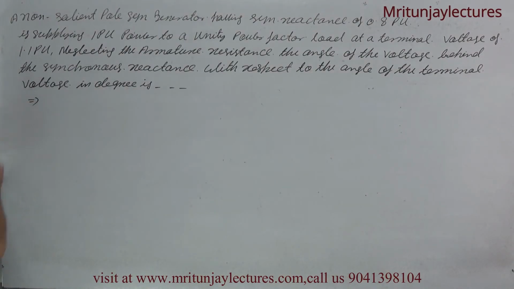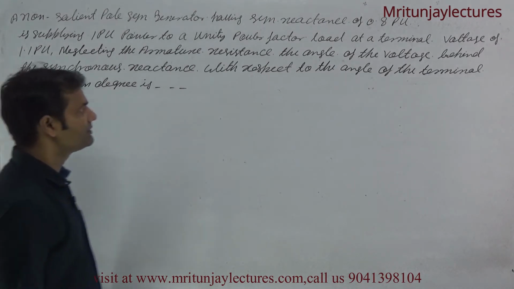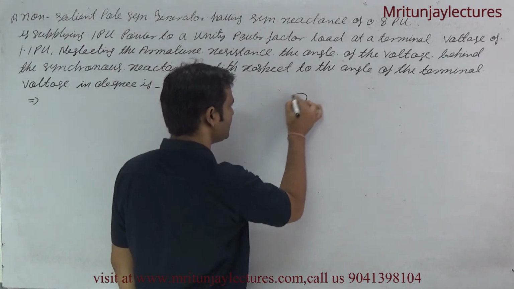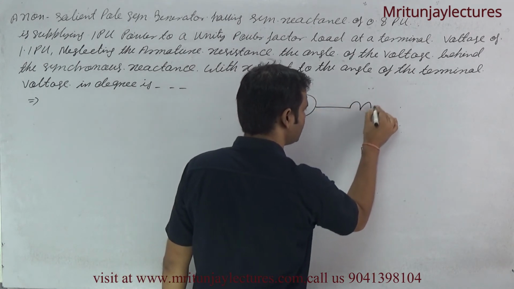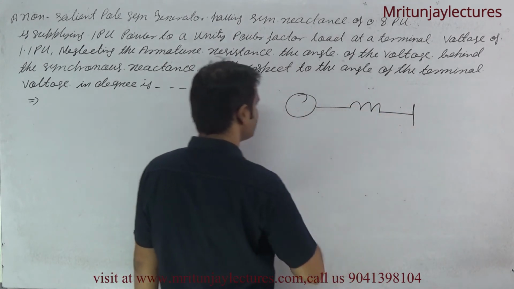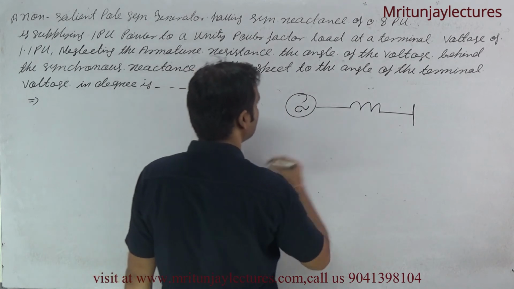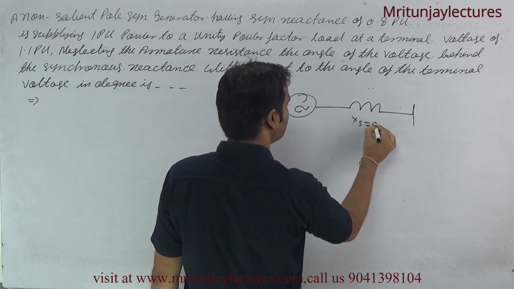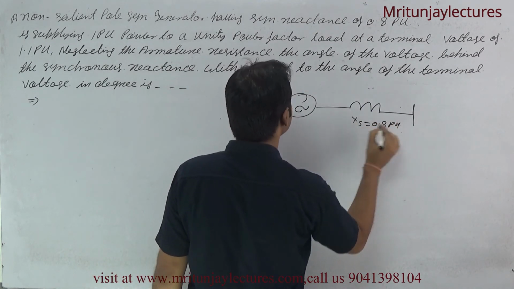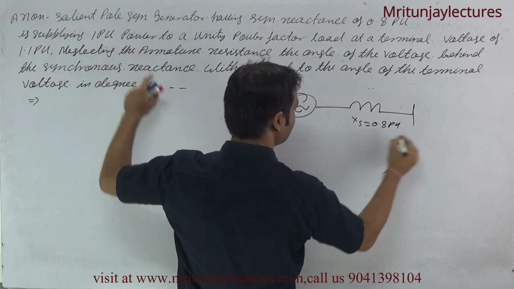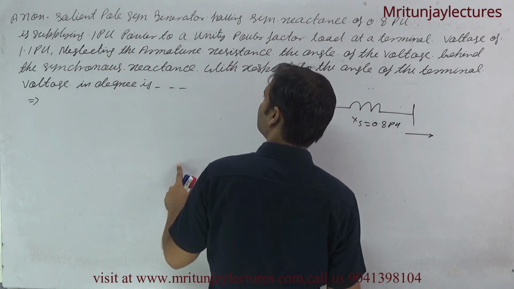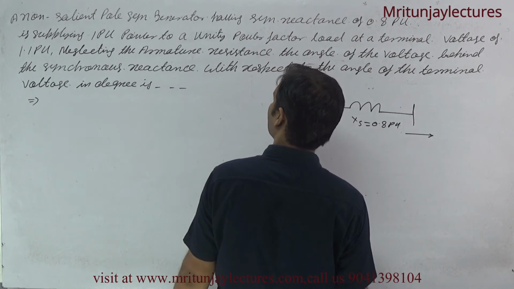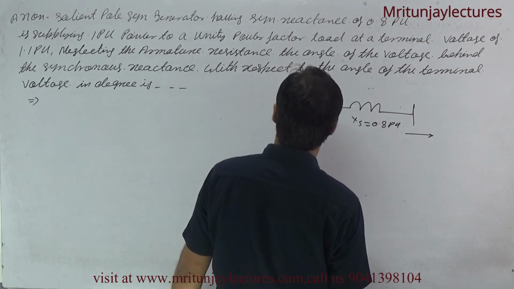Now corresponding to the question, a non-salient pole synchronous generator having synchronous reactance of 0.8 pu, supplying 1 pu power to a unity power factor load.